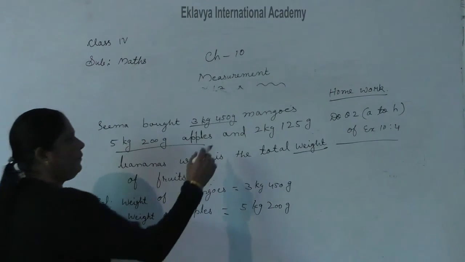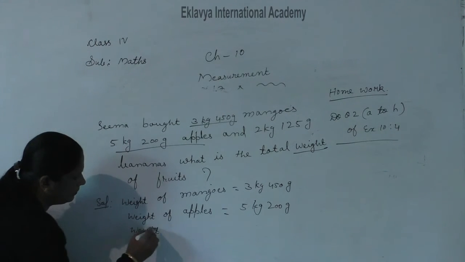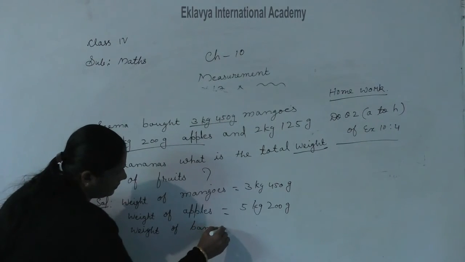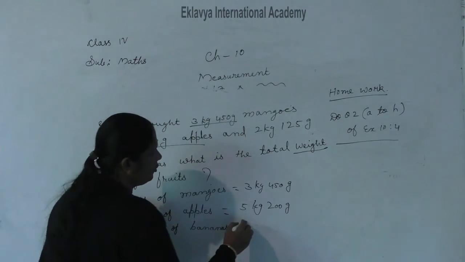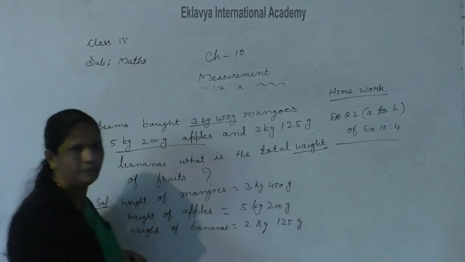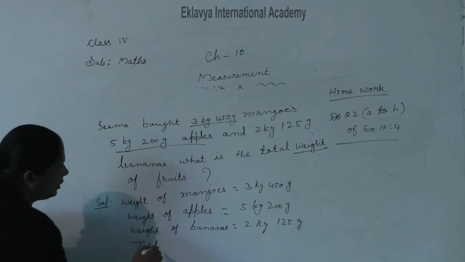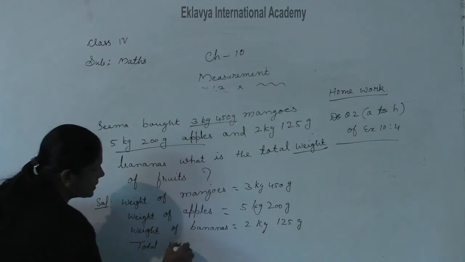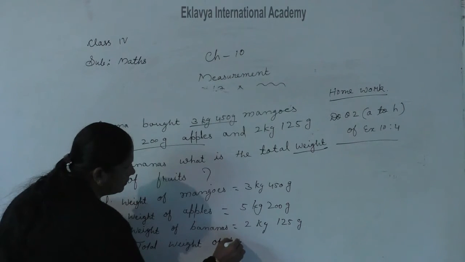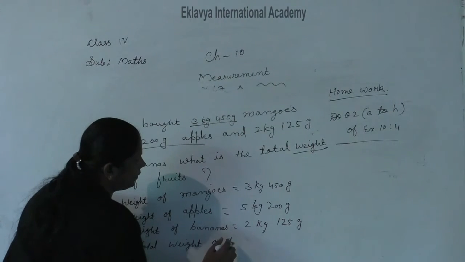Then third line, weight of bananas is equal to 2 kg 125 gram. Now total weight of fruits.